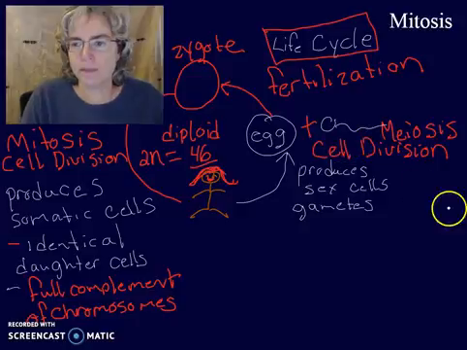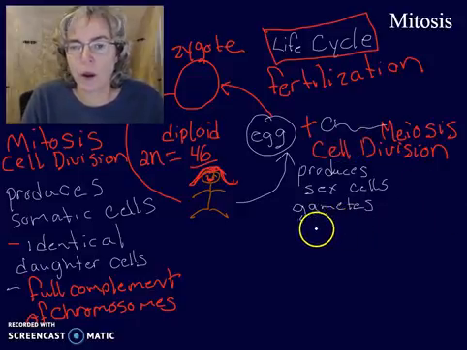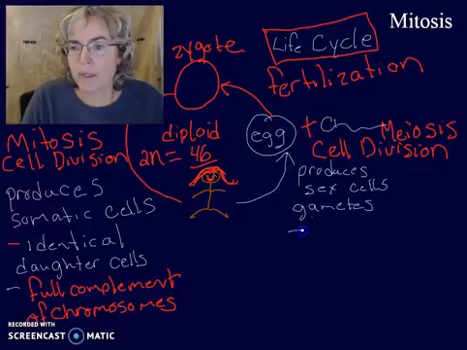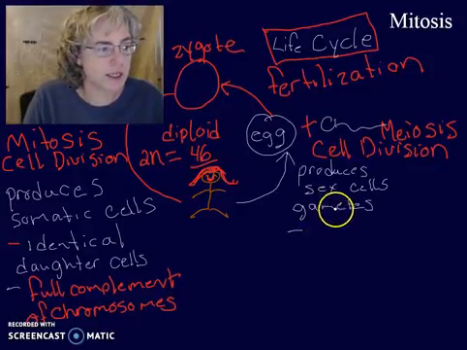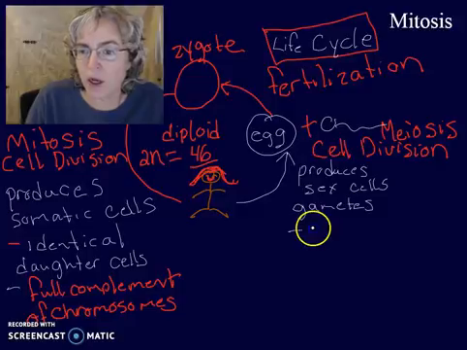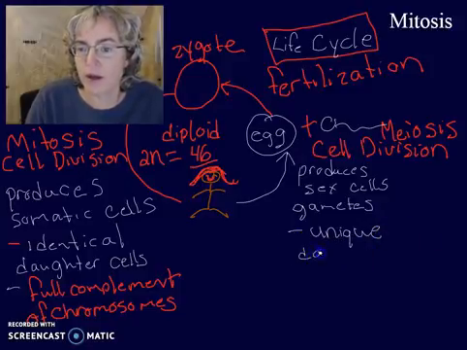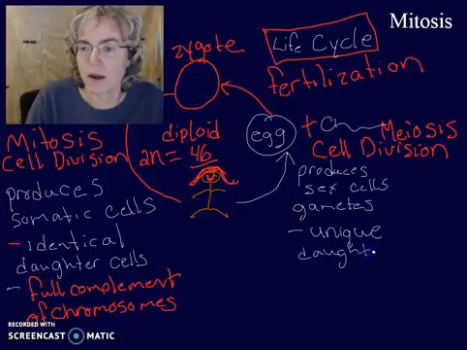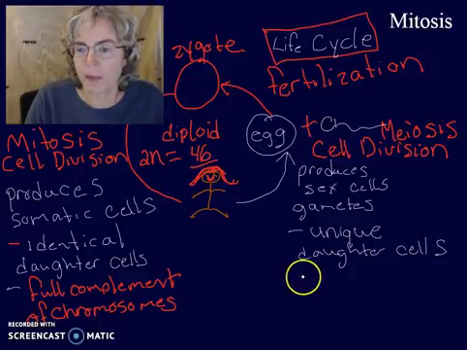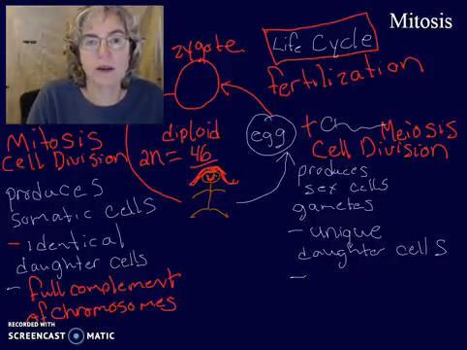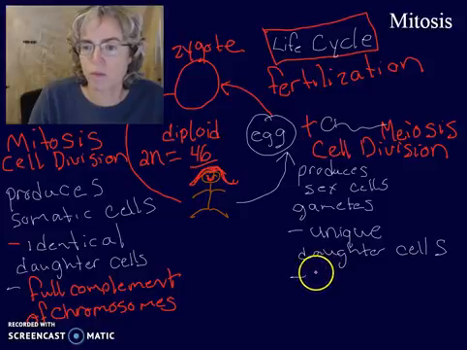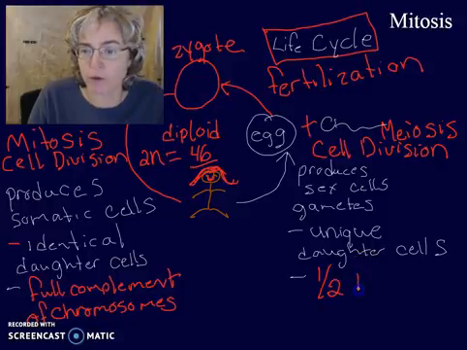Okay. Over here, cell division with meiosis, you want unique daughter cells. You also want half the number of chromosomes.